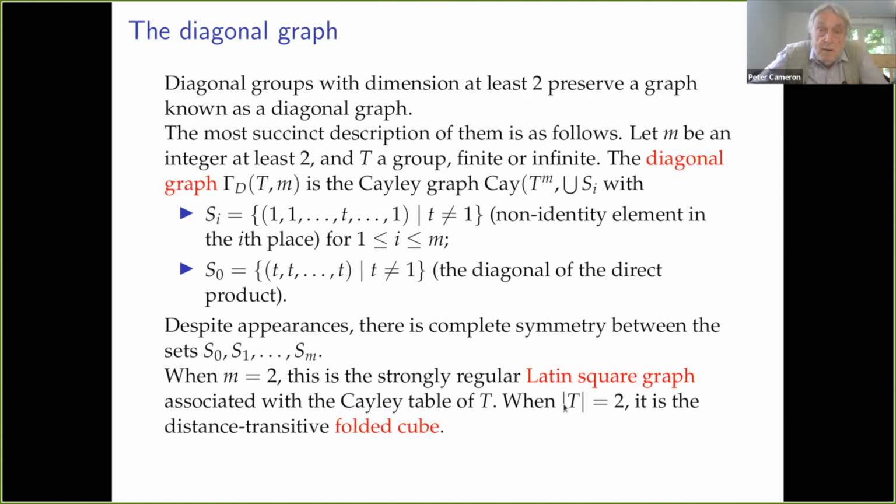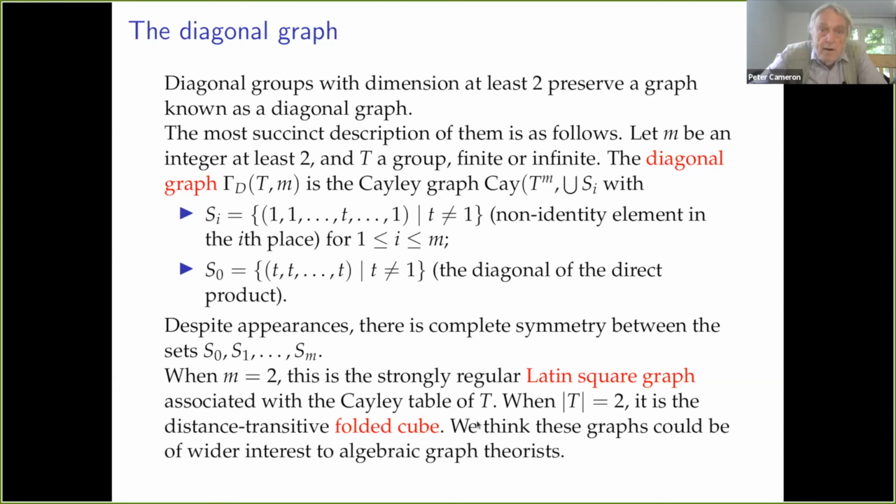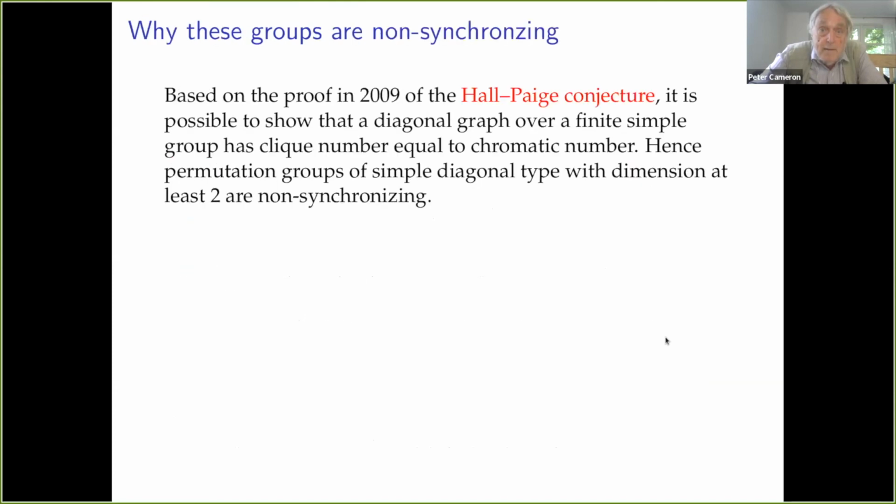When the size of the group is 2, this is the folded cube. So you take the m plus 1 dimensional cube, you identify antipodal vertices, and you get 2 to the m vertices, and that's called the folded cube. And in general, this class of graphs, these diagonal graphs, we think potentially interesting at least to algebraic graph theorists and possibly more widely, especially because of their connection with Latin squares.